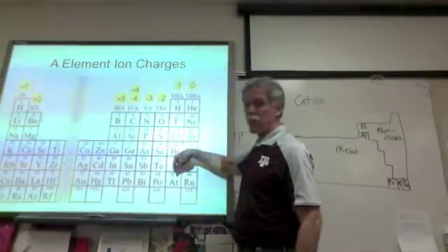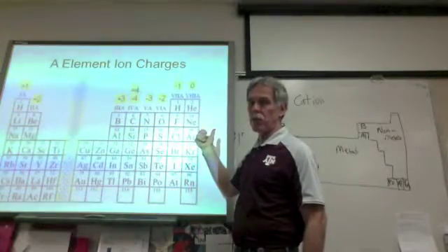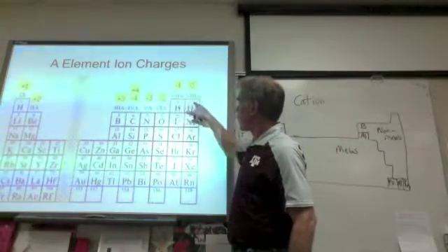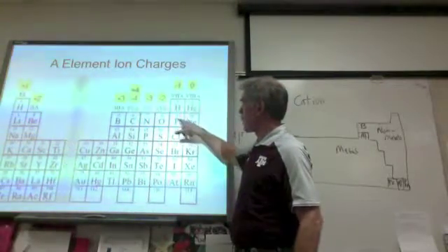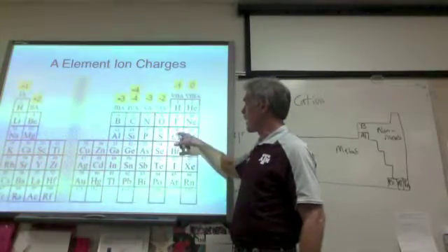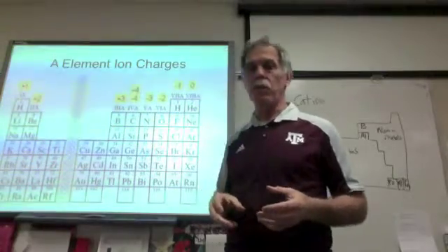These guys are one electron away. What are they going to do in order to be like the guys next door? They're going to gain one. So hydrogen will gain 1 and become 2 electrons. Fluorine that has 9 will gain 1 to be like neon. Chlorine gains 1 to be like argon, and they always try to be like the closest noble gas.